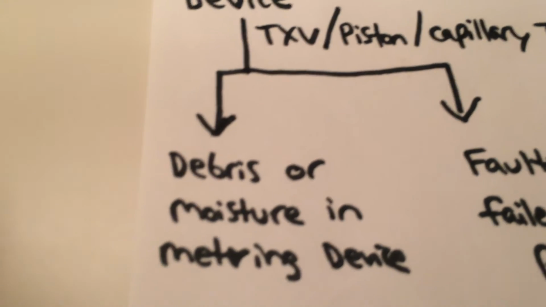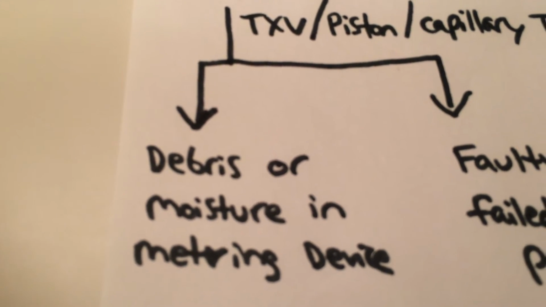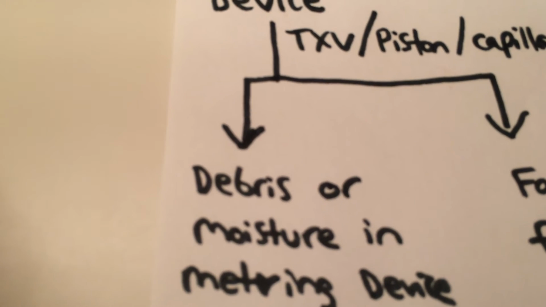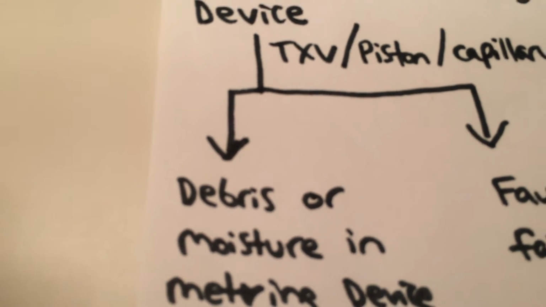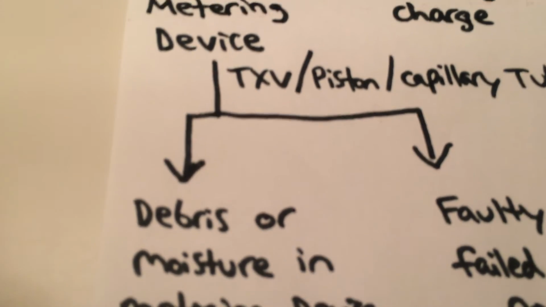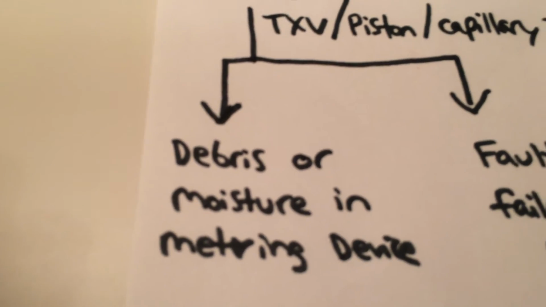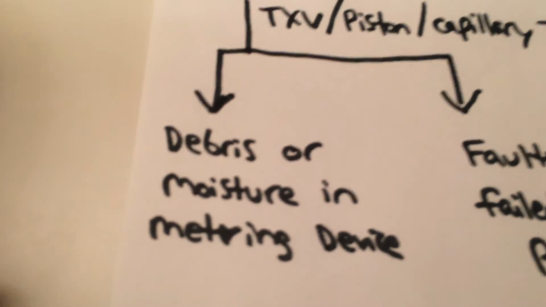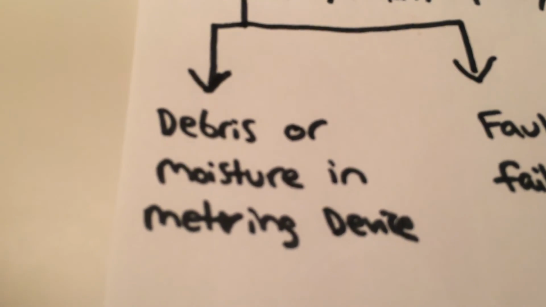Causes of each: debris or moisture in the metering device. Of course, if we have debris, we have a blockage. And in capillary tube systems, maybe more sensitive than most, if we have a lot of moisture, enough to actually freeze, it will cause a restriction which will come and go.